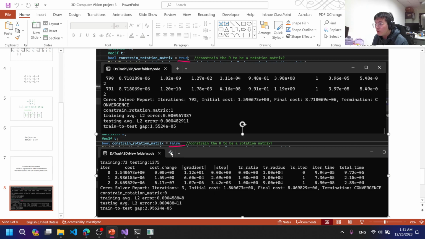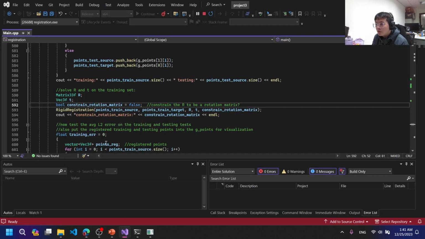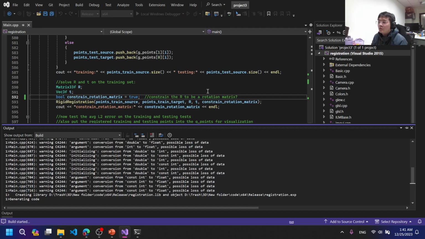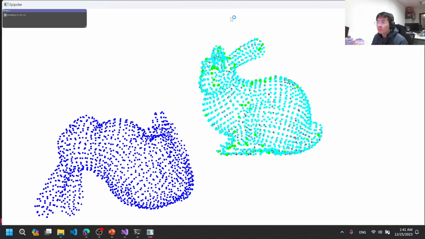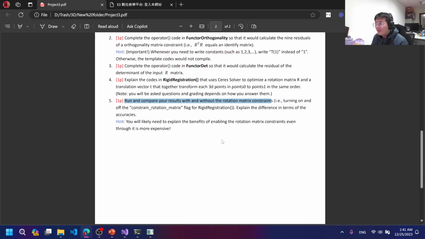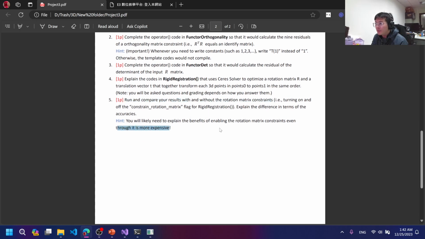So currently it's false. Now if I set it to true, we can see that the iterations have increased by a lot. So this is what the question meant when it said even though it's more expensive, I need to explain the benefits of enabling the rotation matrix.